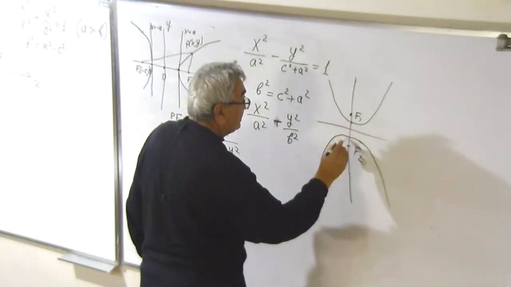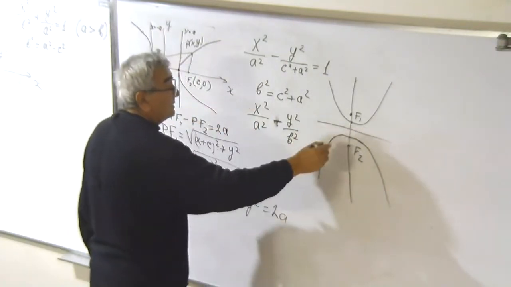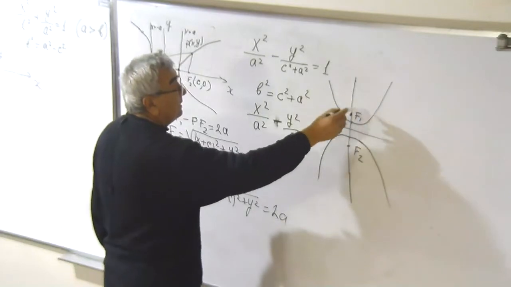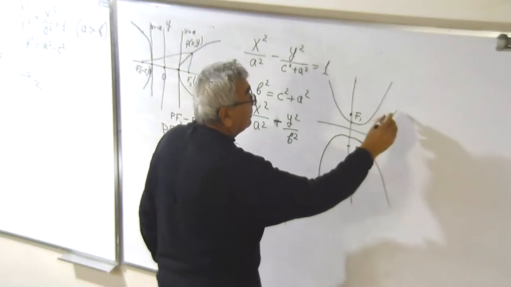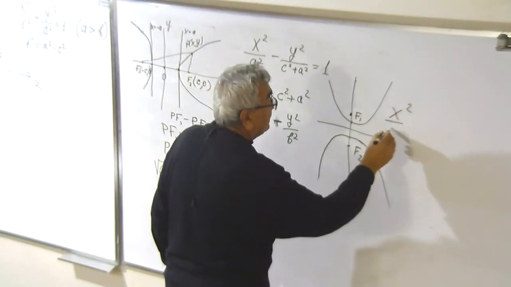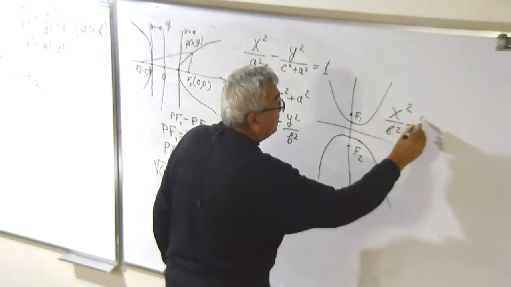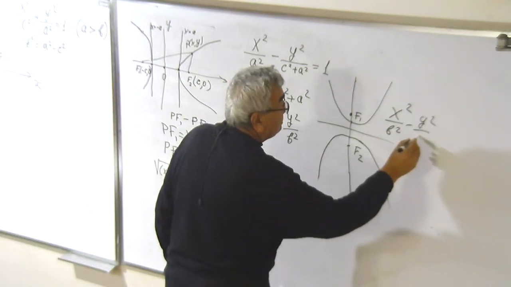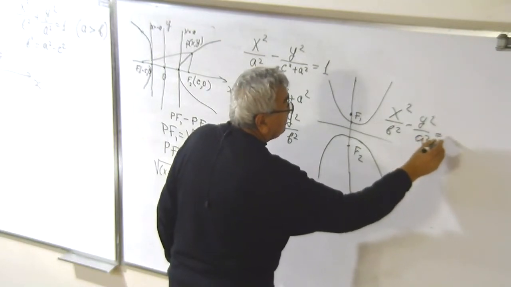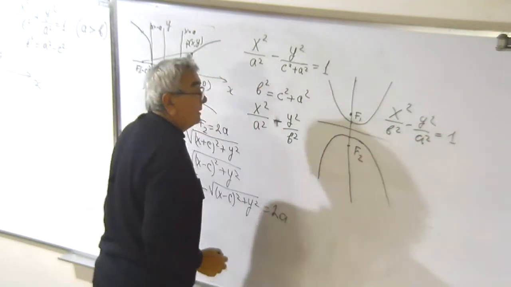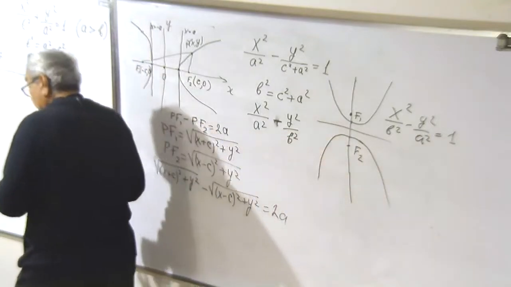This is a vertex, and the distance should be 2a. But in this case, the equation should be the following: x square divided to b square minus y square divided to a square equal to 1.